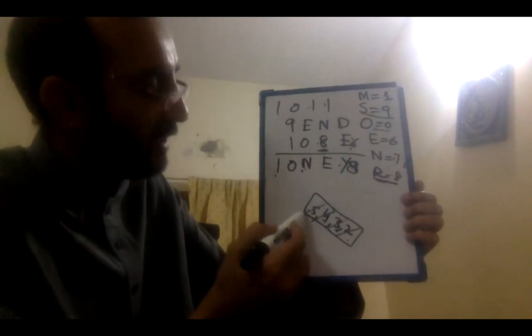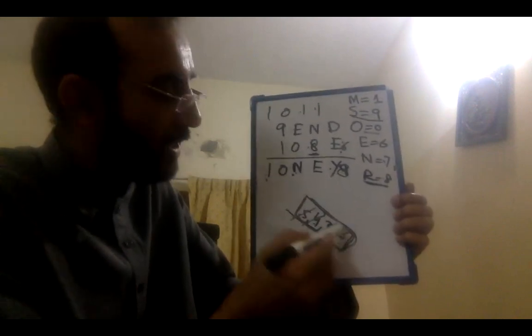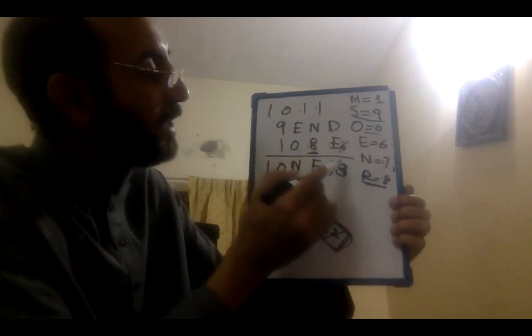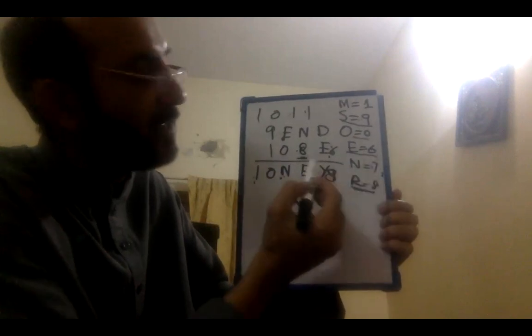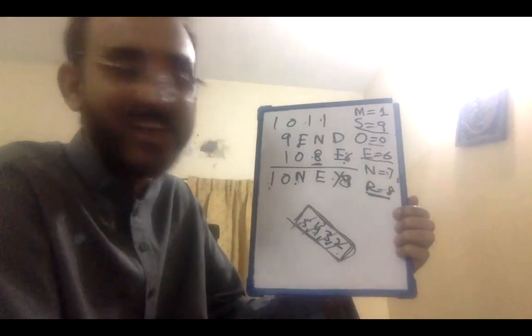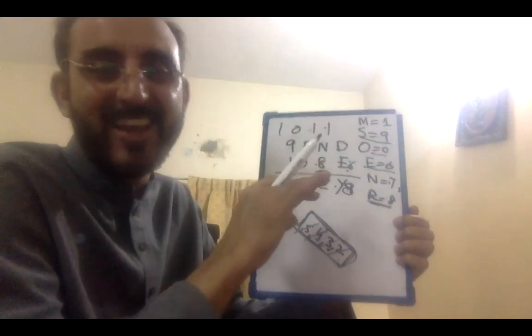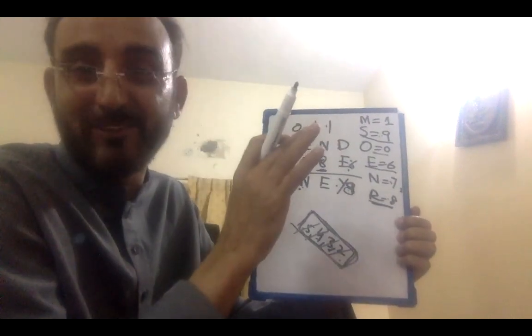It means no remaining number is helping us in finding the solution. It means that our supposition, when we supposed E is equal to 6, is not good. Now you have to change the whole process.